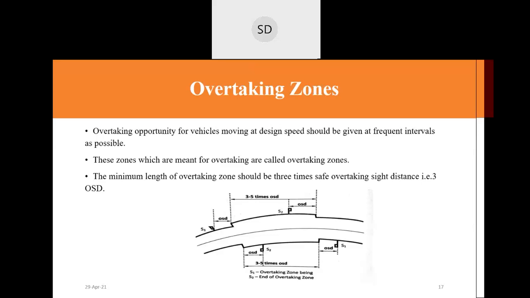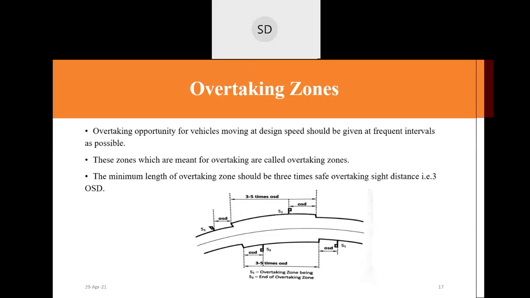The total length of that zone should be 3 to 5 times the overtaking sight distance. First find the overtaking sight distance; the desirable length of the overtaking zone is 5 times it, and the minimum length is 3 times it.